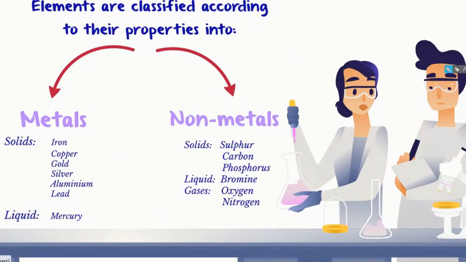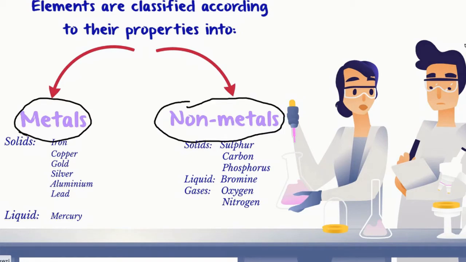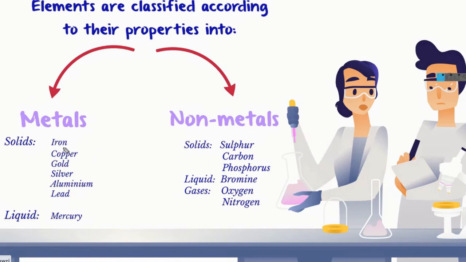Okay, so we can say that elements can be classified according to their properties into metals and nonmetals. Examples of metals are solids like iron, copper, gold, silver, aluminium, and lead.